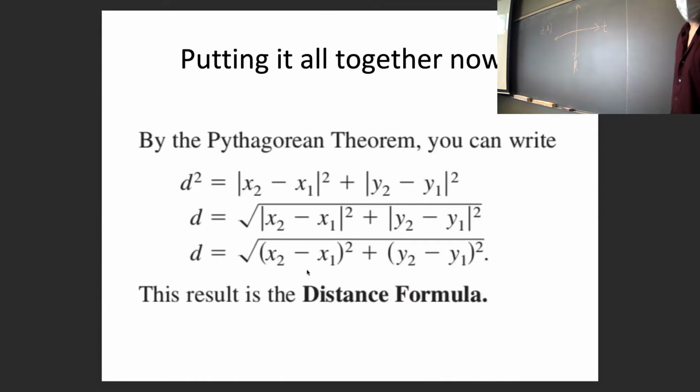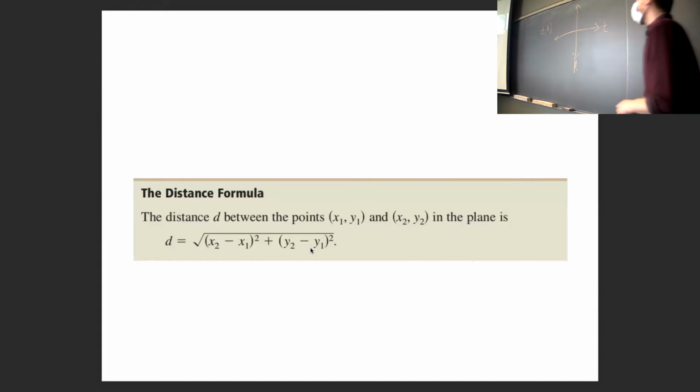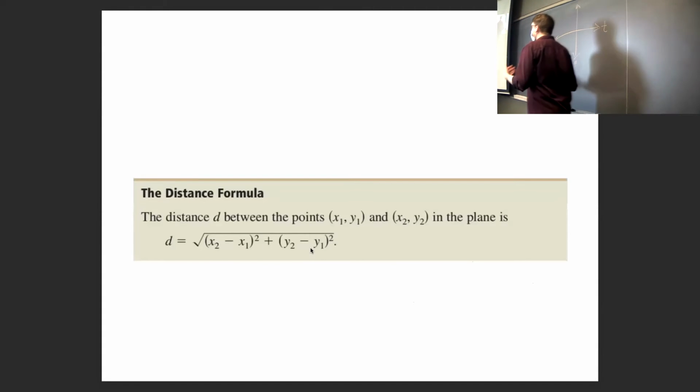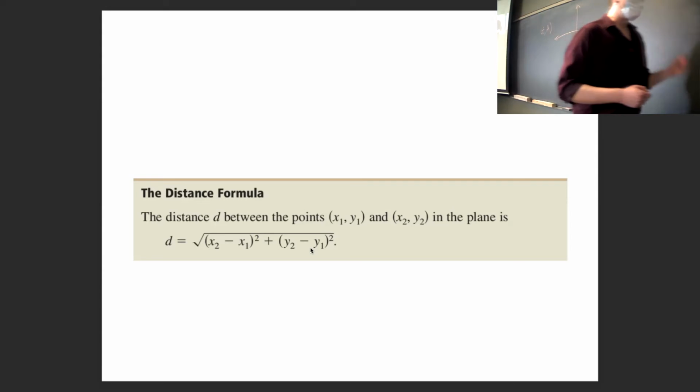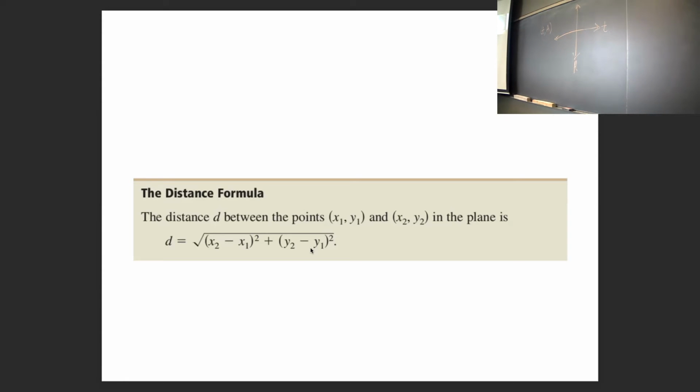And that is in fact what we do here. So the distance formula between 2 points is just the square root of the sum of the differences squared.